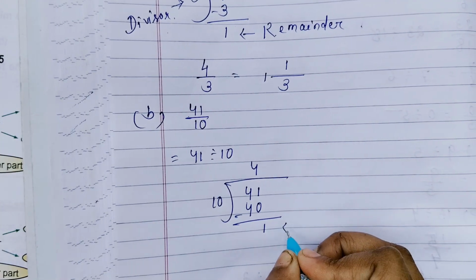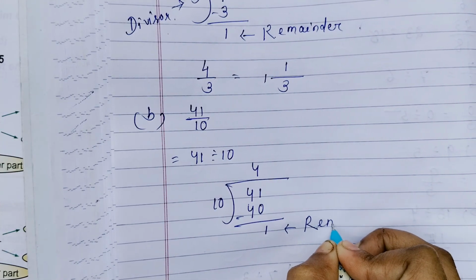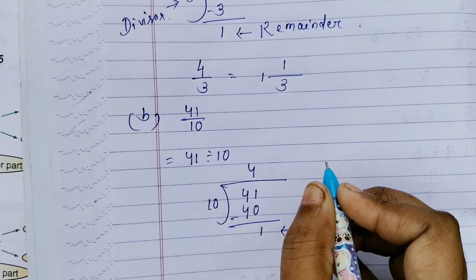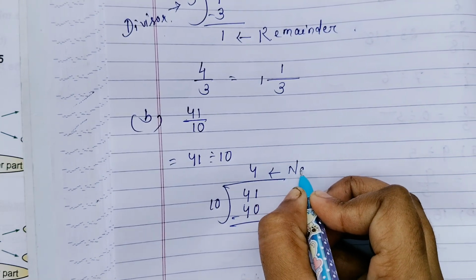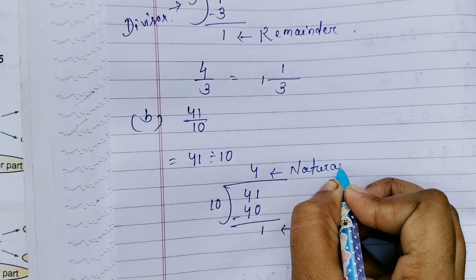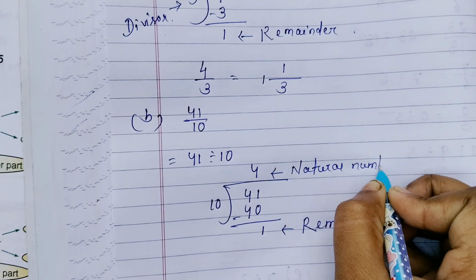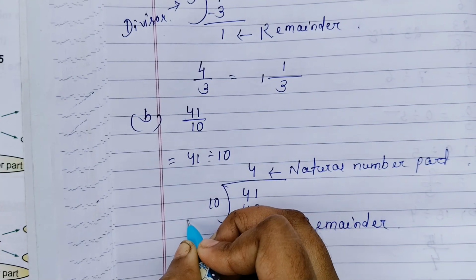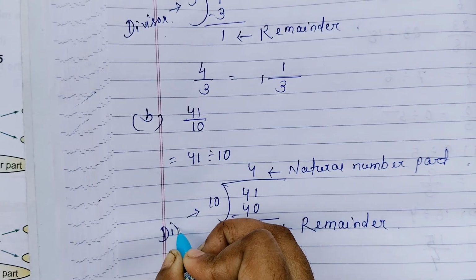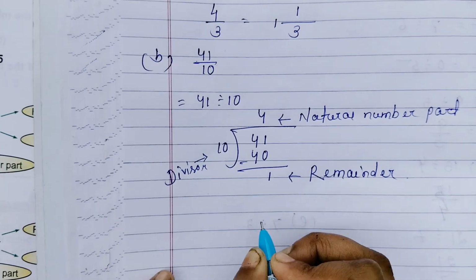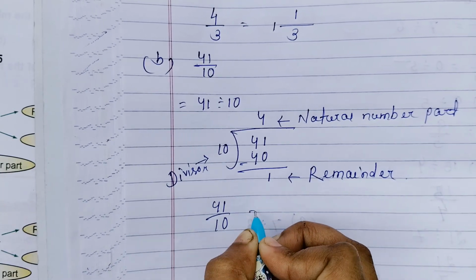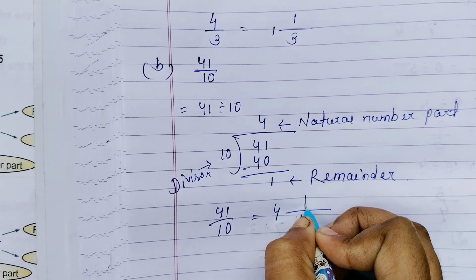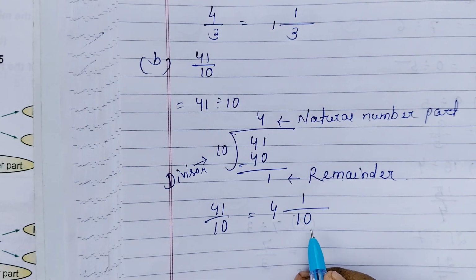It is the remainder, and the natural number part is 4, and 10 is the divisor. So 41 by 10 equals 4 whole of 1 by 10.